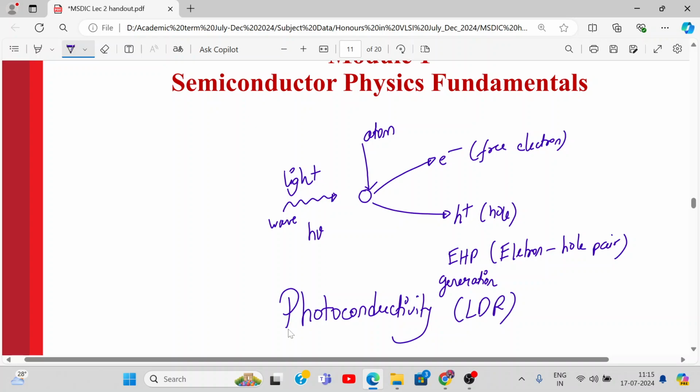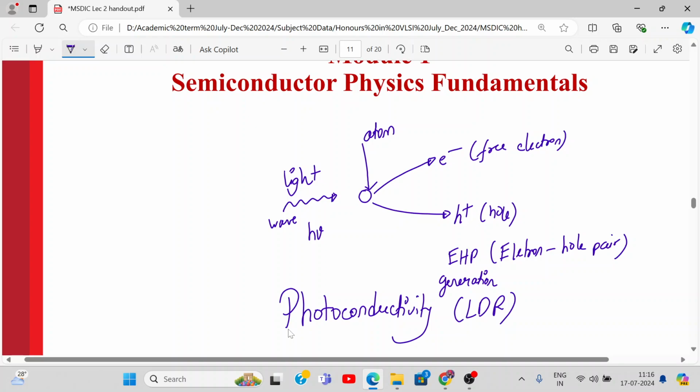Whenever a light wave of a particular frequency collides with an atom of semiconductor material, it breaks the bond, resulting in electron hole pair generation. Due to this, the conductivity changes because the energy is absorbed. Are you understanding? In an LDR, for example, we use the change in resistivity to detect light. Wherever there is a change in resistivity, that means we are detecting light.